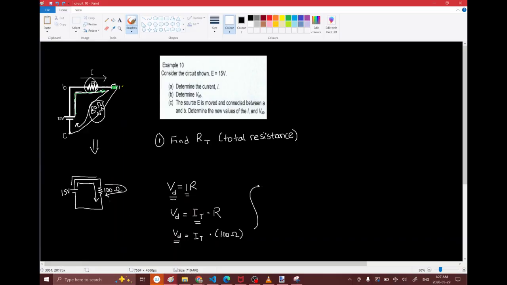So if we take our calculation over here, that's going to be 15 volts drops across the resistor, equals IT multiplied by 100 ohms. 15 divided by 100 is equal to IT, and that will give us 0.15 amps as IT, or you can write that as 150 milliamps. So that's the first question.